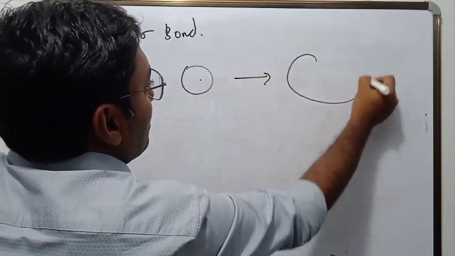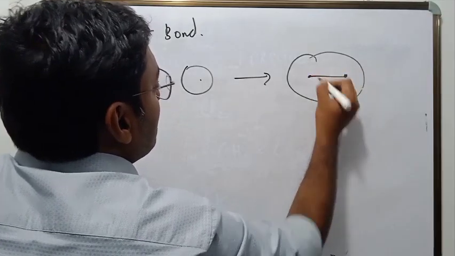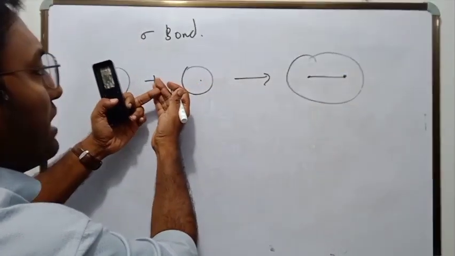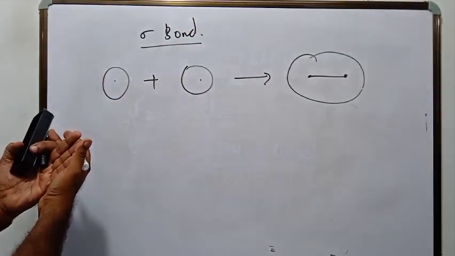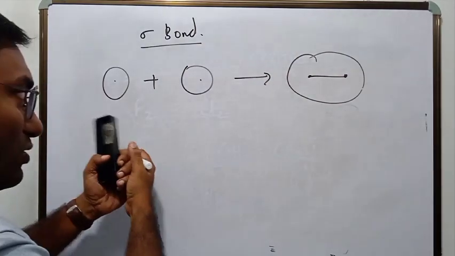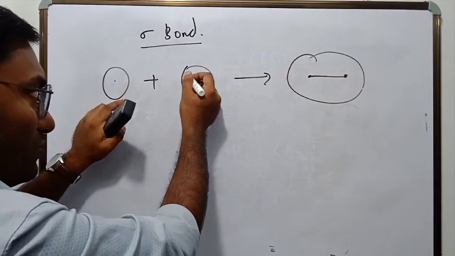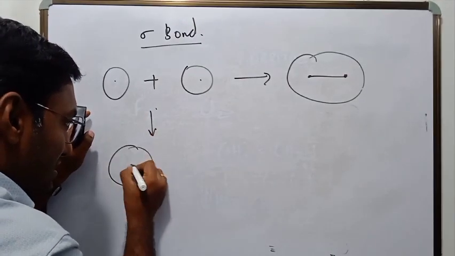This is the sigma bond. Look at the sigma bond. The extent of overlap in a sigma bond is much greater. Just see the extent of overlap.